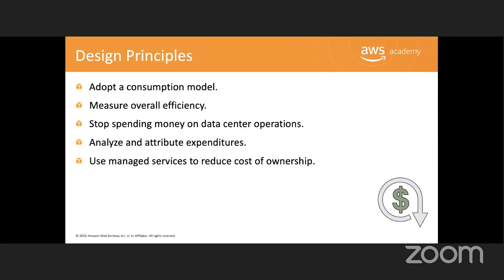For example, development and test environments are typically only used for 8 hours a day during the work week. You can stop these resources when they're not in use for a potential cost savings, probably 75%, or 40 hours versus 168 hours, right?